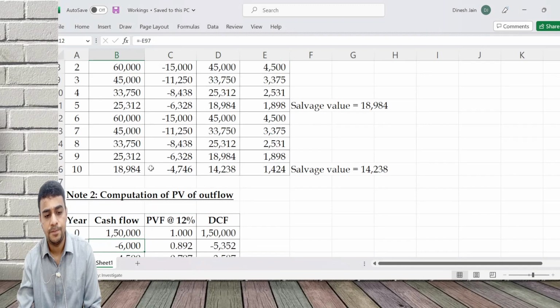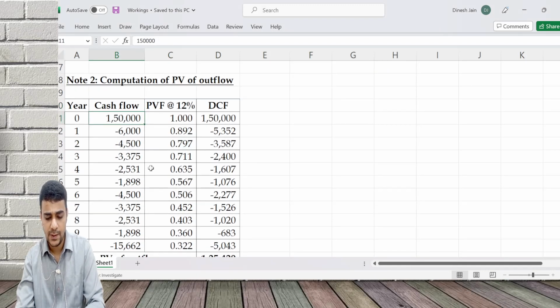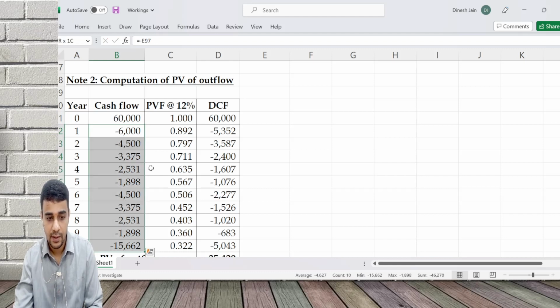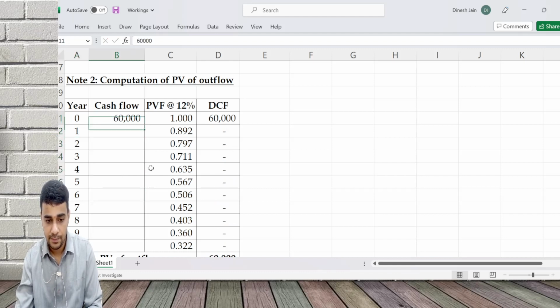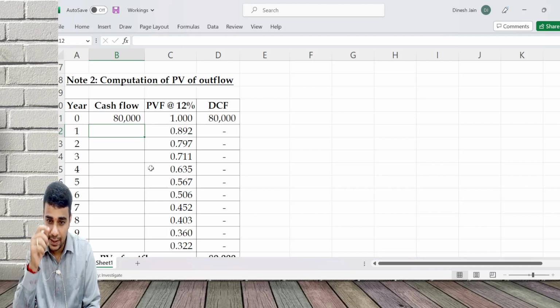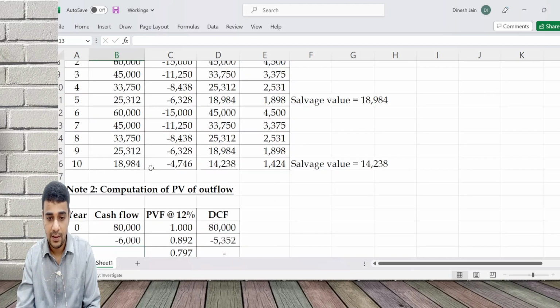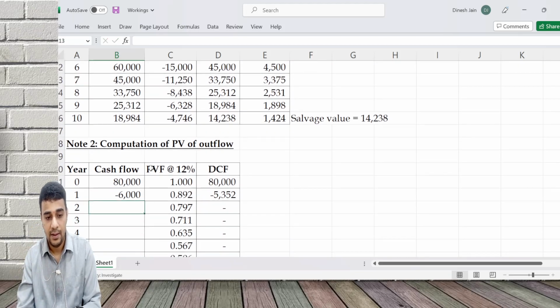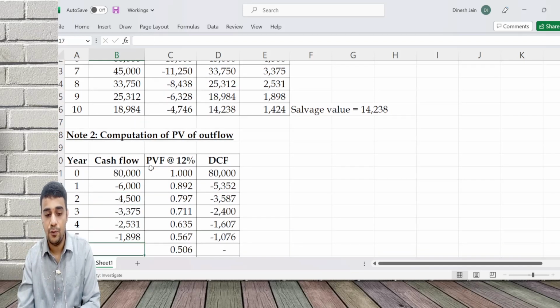Year 0 outflow is 80,000. First year, whatever is your depreciation tax shield is inflow, we write it as negative: negative 6,000, negative 4,500, negative 3,375, negative 2,531.